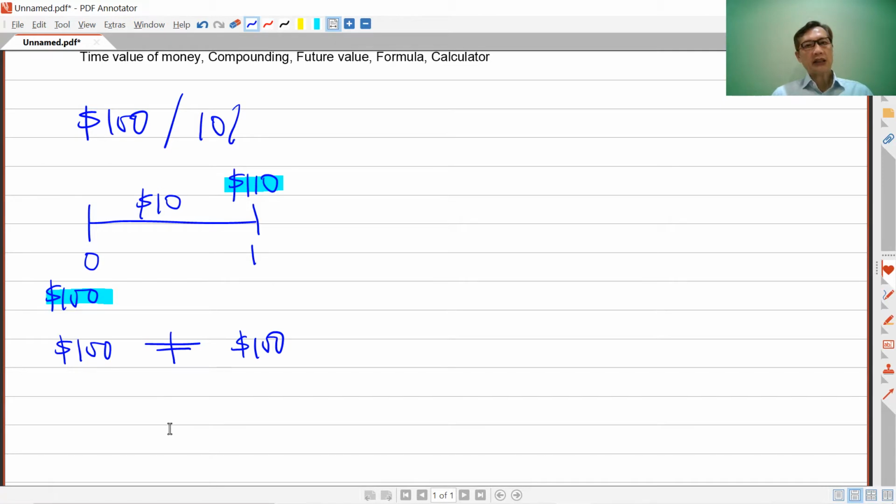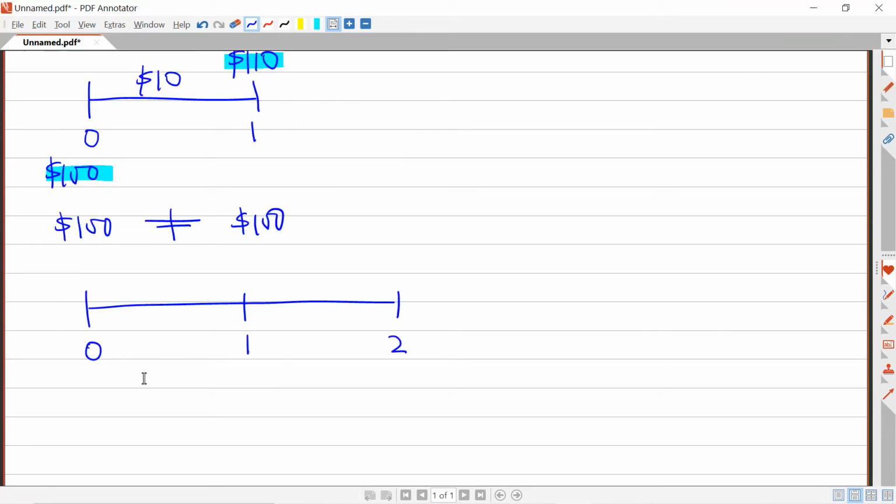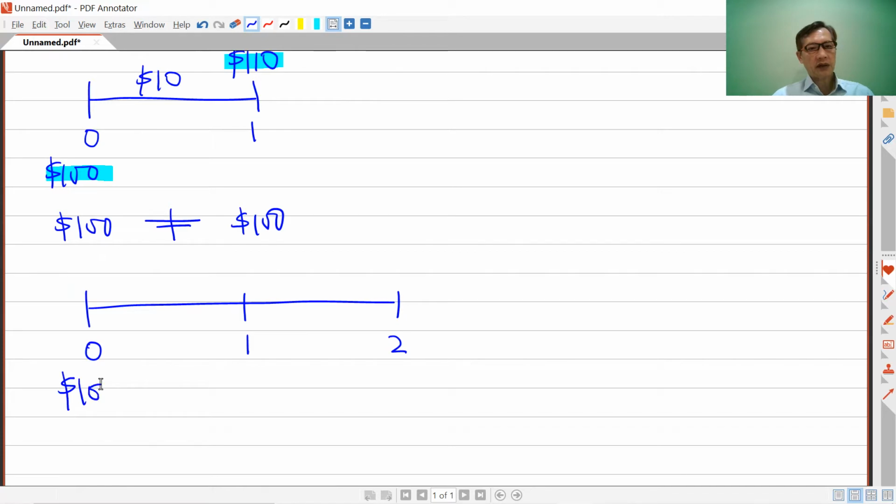So let's extend this to 2 years. Say you have $100 right now, and you're going to put it in a bank. This time we're going to put it in for 2 years, and they still give you 10% per year. So with $100 to begin with, for the first year that will earn you the $10 like before. Since you are not going to take it out, at the end of 1 year you would have $110 in the bank. And you are not taking it out for the second year, so you should earn another 10%, which is 10% on the 110.